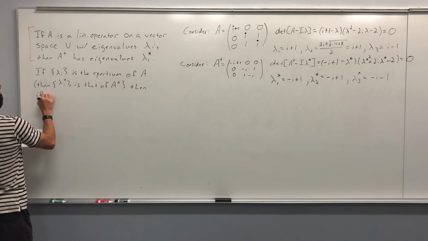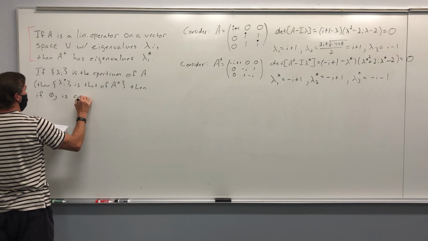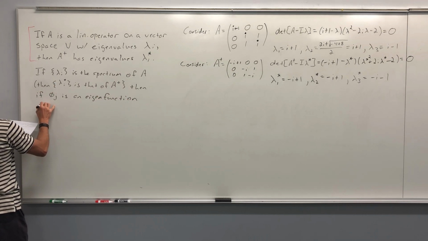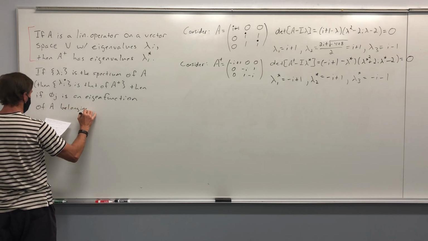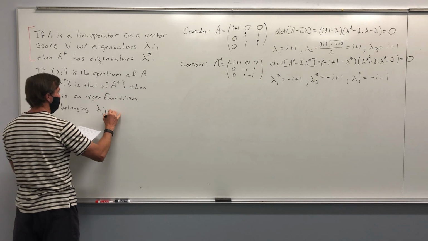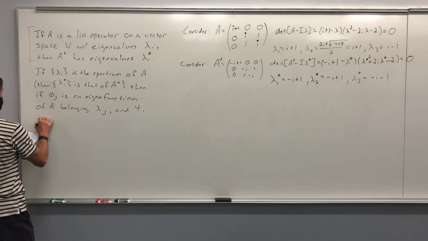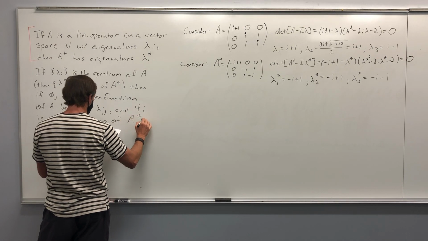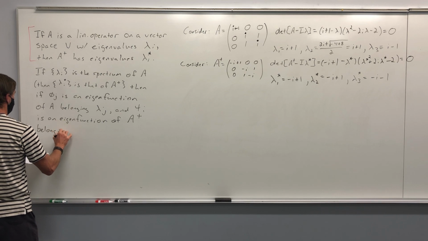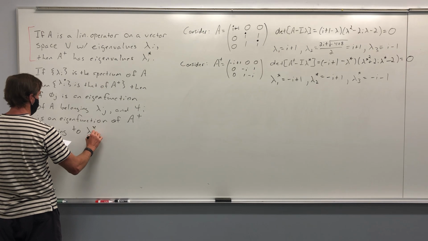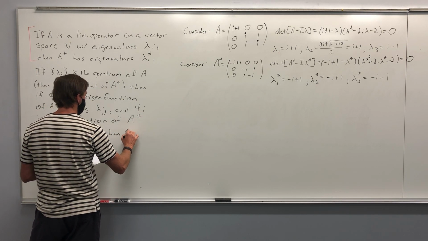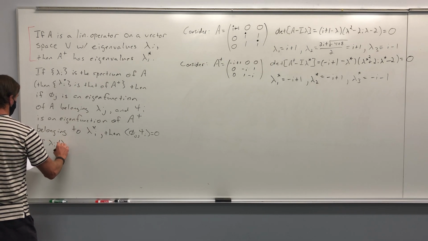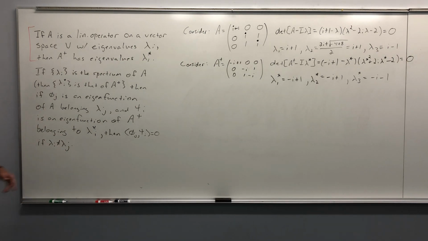Then if phi_j is an eigenfunction of A that belongs to the eigenvalue lambda_j, and psi_i is an eigenfunction of A dagger belonging to lambda_i star, then the inner product of phi_j and psi_i equals 0, if the two underlying eigenvalues are different. Okay?